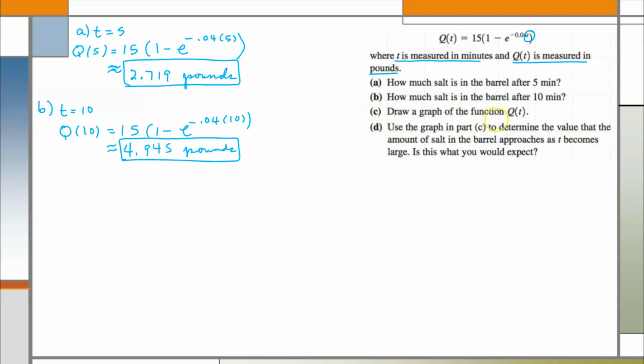Okay, draw a graph. Use the graph to determine the value that the amount of salt approaches as t becomes large. Is there a level of salt that levels out as t becomes large? 5 minutes, 10 minutes, 50 minutes, 80 minutes, 100 minutes. Is there a value of salt that levels out?